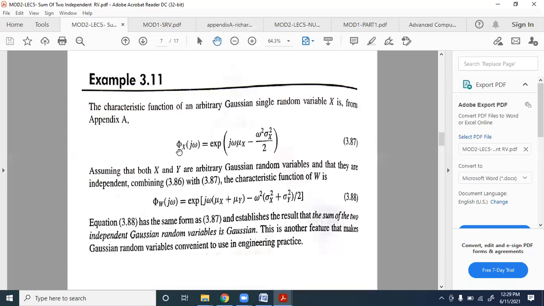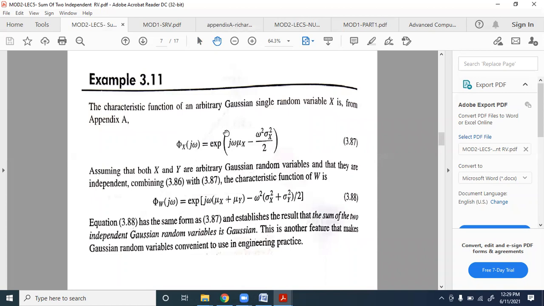Now, if we consider phi x of j omega to be equal to this quantity, then assuming both X and Y are arbitrary Gaussian random variables, for X it will be this, and the characteristic function for Y will be phi y of j omega equals exponential of j omega mu y minus omega squared sigma y squared by 2.